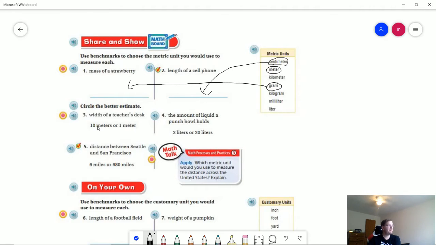Now for the next couple, we can compare. We have two different things. They're both the same unit of measurement. Again, a meter is going to be about 3 feet. So if I had the width of the desk that I have in my classroom, that would be a little bit closer to 3 feet than it would be to 30 feet. And for a punch bowl, we could say that we are closer to probably 20 liters.